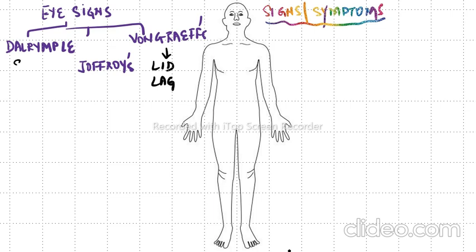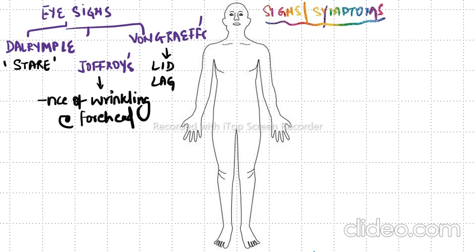In Dalrymple, we will get the staring look. And in Geoffroy's, you will get absence of wrinkles at the forehead. You will get tremors, higher pulse rate, weight loss.